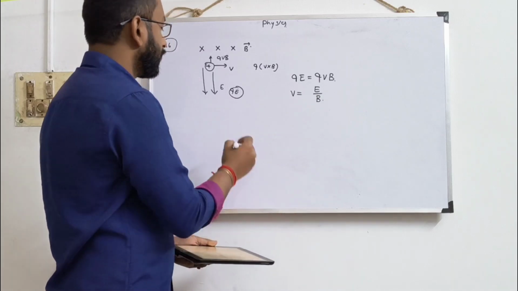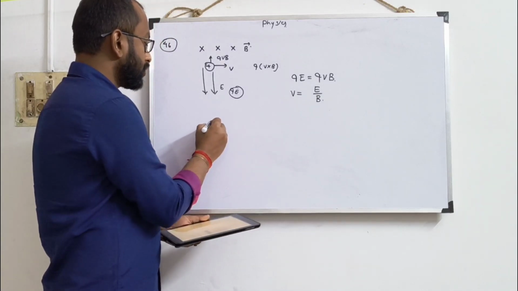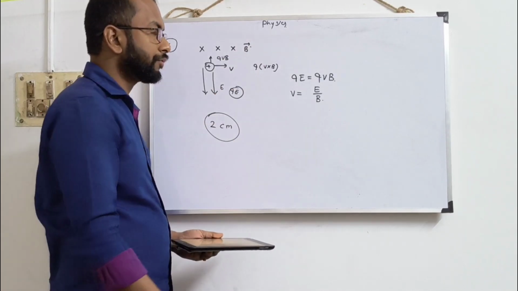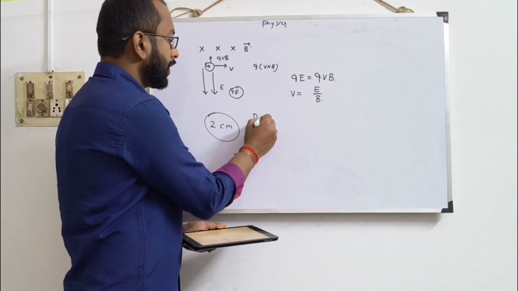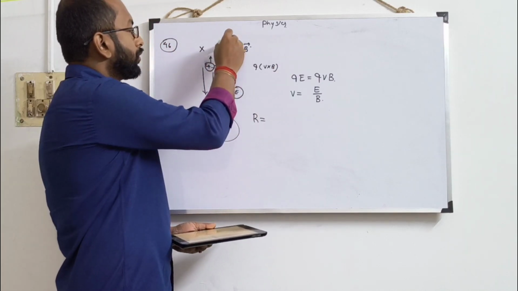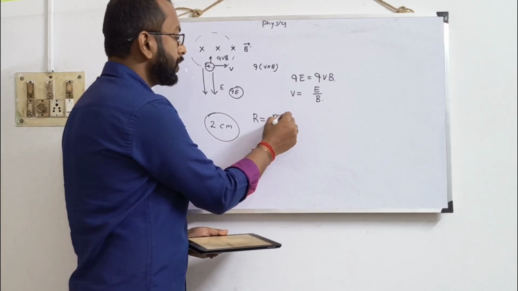From B we will find out E, and it is said that the proton moves in a circular path of radius 2 cm when the electric field is switched off. So the radius of the circle the proton will make when the electric field is switched off, that is R equals mv by Bq, you know that.